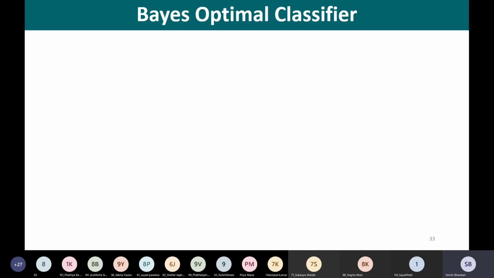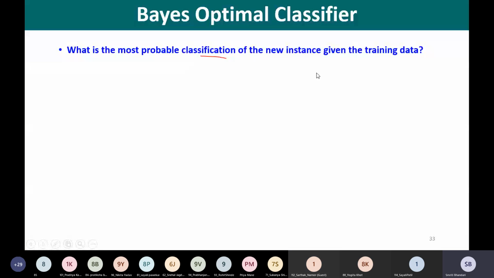This is the hypothesis that needs to be used for classification. In fact, the question that is of most significance is slightly different, which is closely related to the earlier question. We are talking about Bayes optimal classifier, and so far we tried to answer the question, what is the most probable hypothesis given the training data?